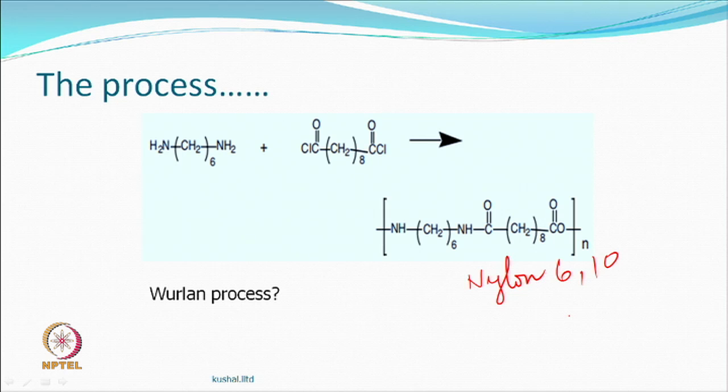Have you heard of a process called the Verlan process? No? The Verlan process is the process which used this polymerization technique on wool, so that the scales on the wool could be masked, because you have felting. That is one of the properties of wool, and if you do not want felting to take place, you want to make shrink proof wool, as they say.